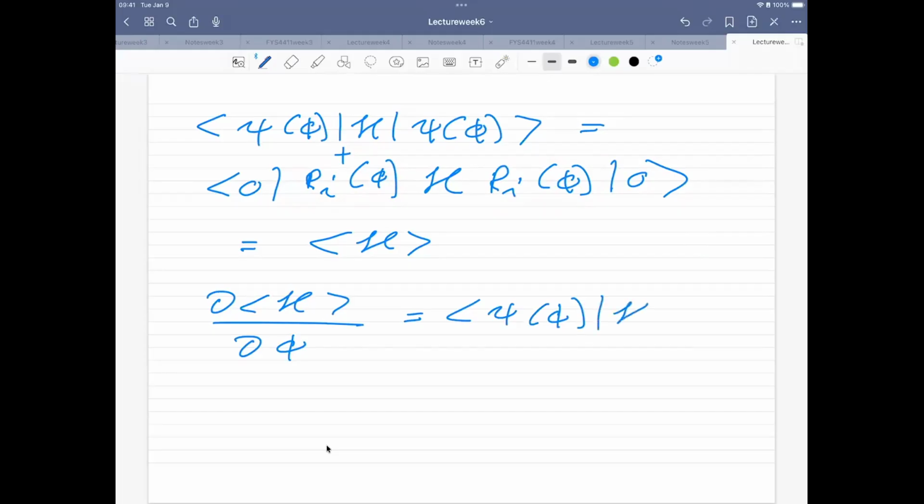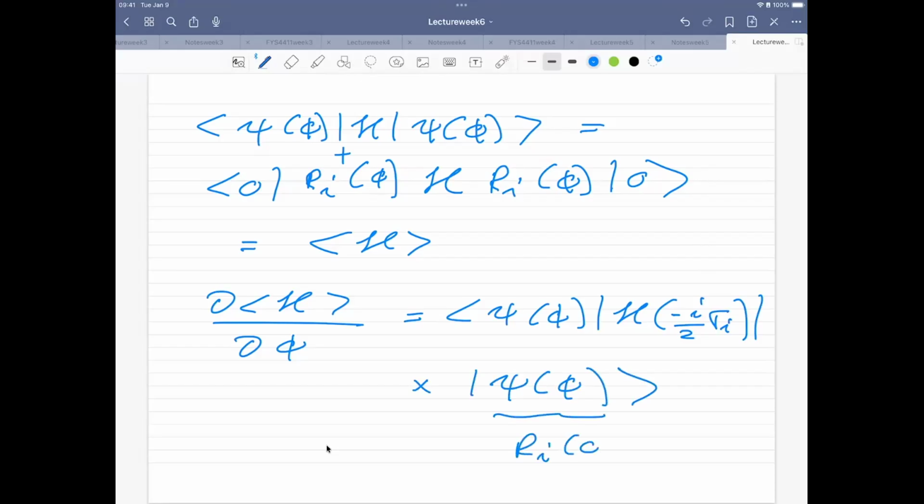And then I'm going to have H, and this is multiplied with minus I divided by 2. And then I have the Pauli matrix. And then this has to be multiplied with the state psi of phi here, because this is nothing but Ri of phi multiplied with 0.